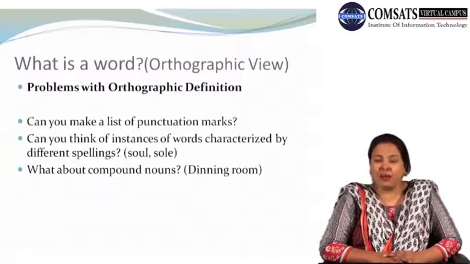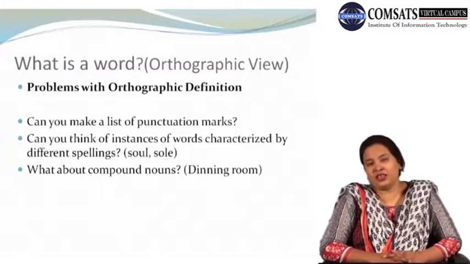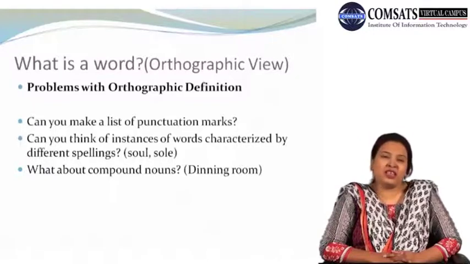So this way there are problems to identify the words with respect to their meanings. Then what about the compound nouns? If you see the words dining room. Now dining and room, if I accept the orthographic definition that words are separated by spaces, then dining and room both have a space in between.